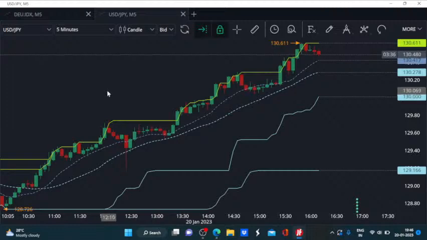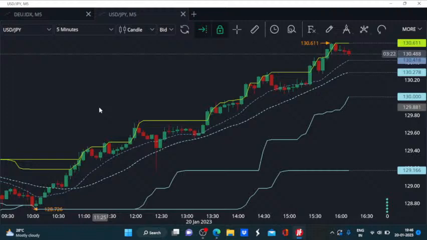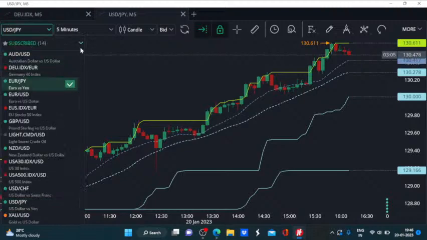The USD JPY is the instrument where you can keep an eye out for a possible correction and then a new entry point for a further move towards 131. So that possibility is quite strong for the USD JPY. Let's consider now the USD CAD.